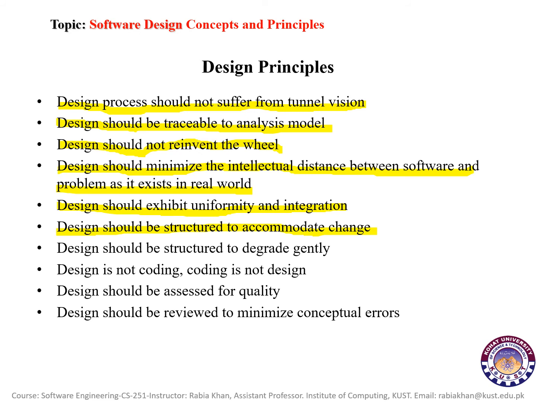So user requirements get refined and your design also gets refined in every iteration. So there has to be room in the design to accommodate change in user requirements. This principle will also help in the maintenance phase.